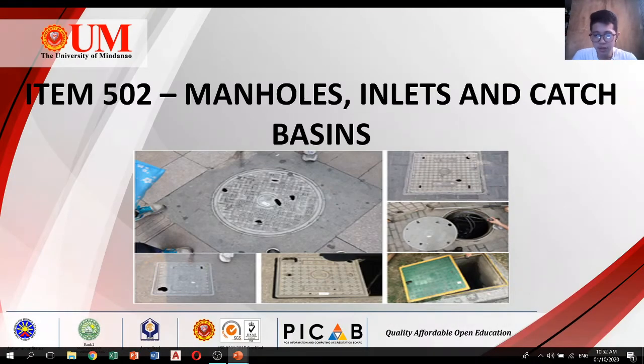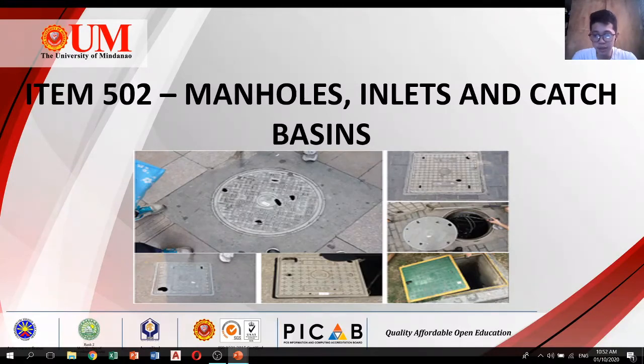So ang manholes is an opening to confined space such as shaft, utility vault, or large vessel. Manholes are often used as an access point for an underground public utility, allowing inspection, maintenance, and system upgrades.